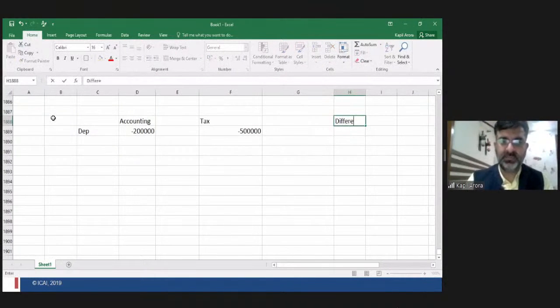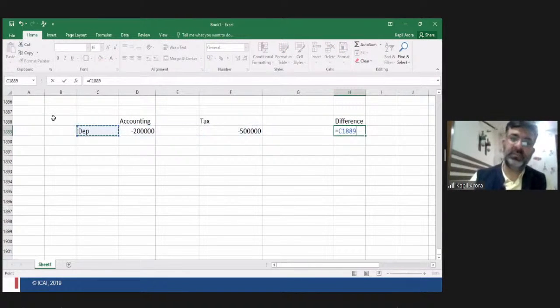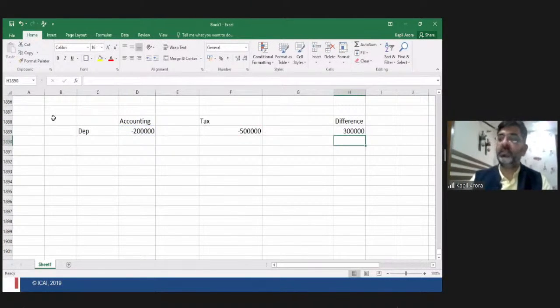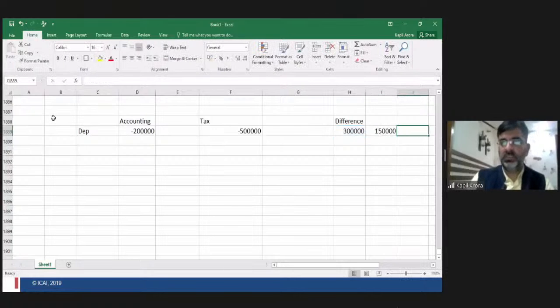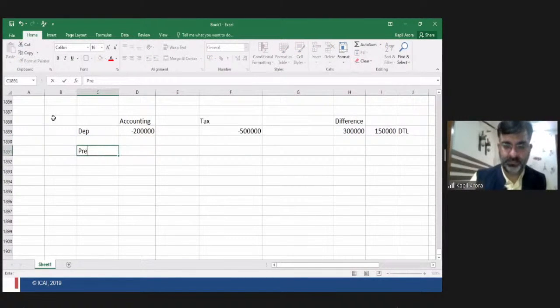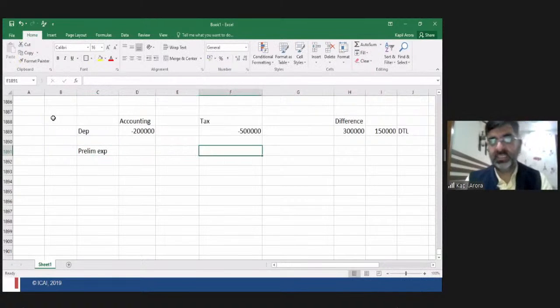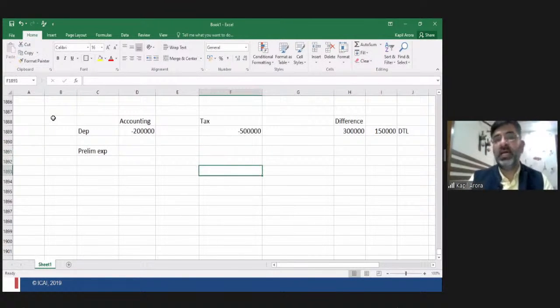So the difference of this minus this, I have got the difference of 3 lakh, which would be coming in my books later. Tax has already allowed me that difference. So that will result into deferred tax liability. Whereas prelim expenses, it says tax book shows unamortized amount.